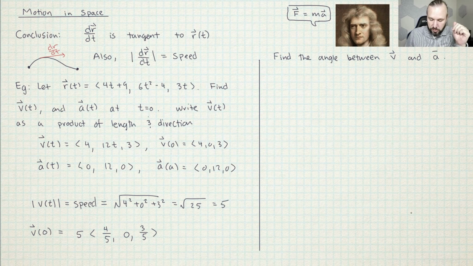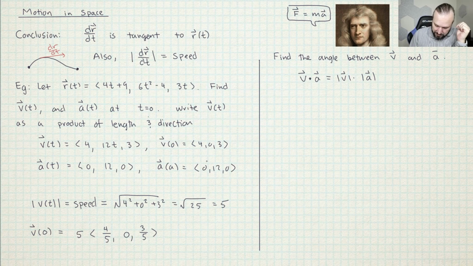It's really common for students to be asked to find the angle between the velocity and acceleration. So let's go through those mechanics as well. When we're asked to find the angle between vectors, we're going to have to use the dot product. So remember that v dot a is equal to magnitude v, which we already worked out, that's 5, times the magnitude of a.